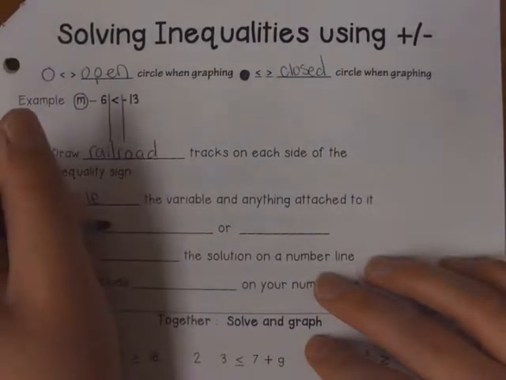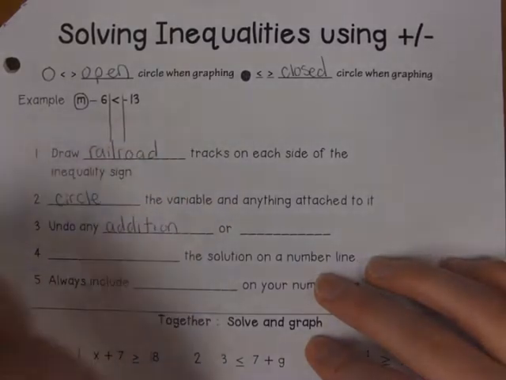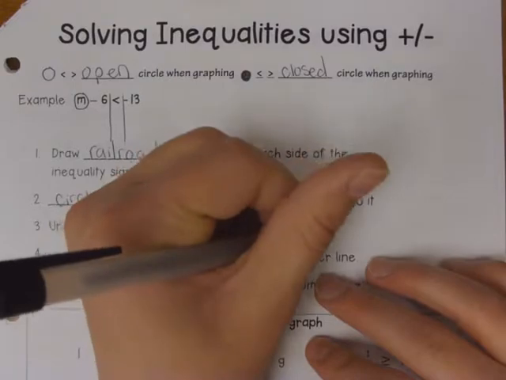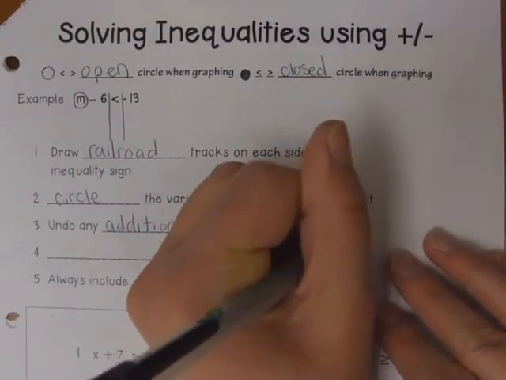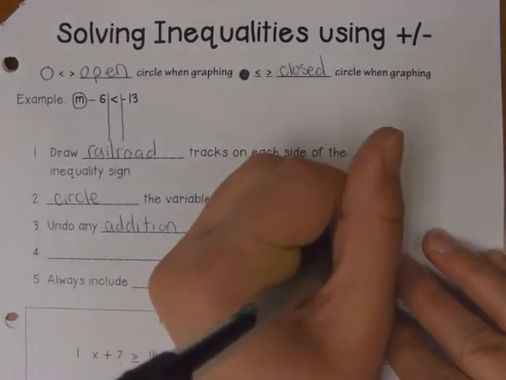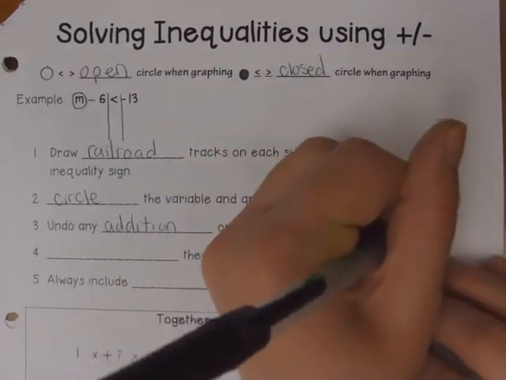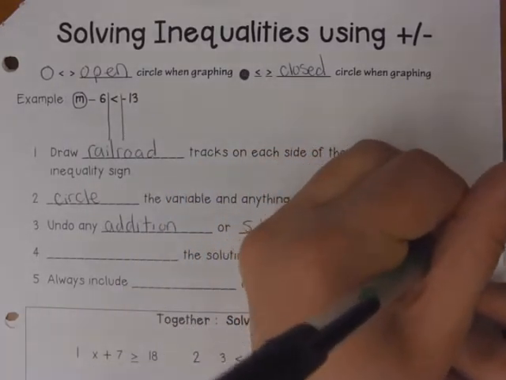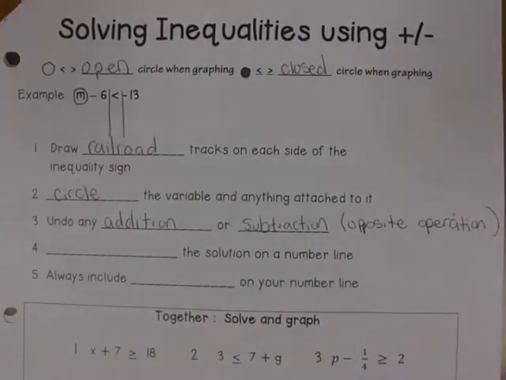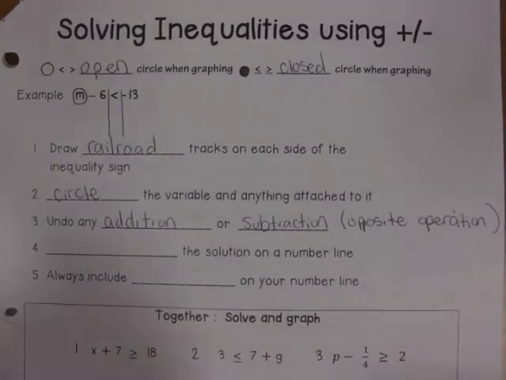And then you're going to undo any addition or subtraction. So you're going to do the opposite operation. I was getting confused about the words, it doesn't matter. Moving on.